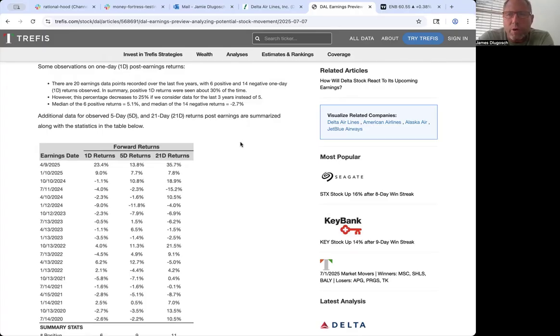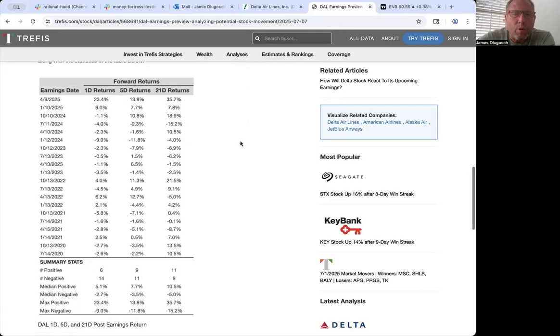And it is a data point that I use to factor in my analysis to make these cash machine mean reversion trades. Looking at the specific data points of one-day returns over the last 5 years, it is also instructive to note last quarter's 23.4% gain after earnings is a massive, massive outlier.